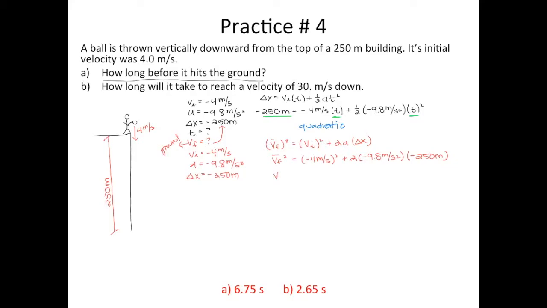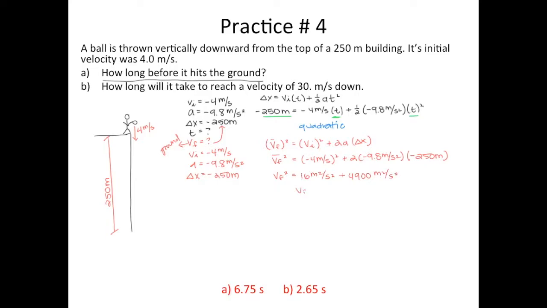If we multiply each of these terms together, 4 squared is 16. The negative goes away because it's squared. So we get 16 meters squared per second squared plus 2 times 9.8 times 250. The negatives cancel because there's two of them. So plus 4,900 meters squared per second squared.